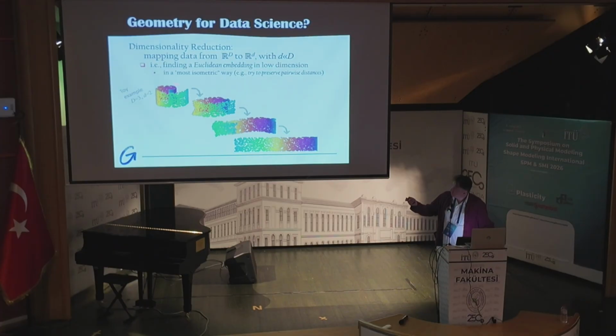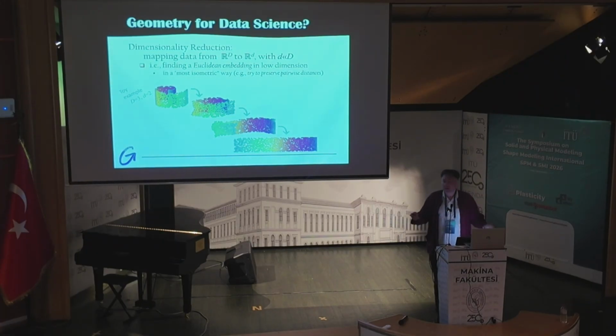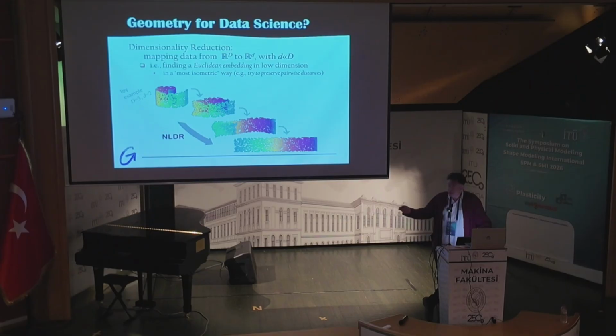So if you see this little piece of rolled cheese or whatever you want to call it, a little ribbon, you want to unfold it into 2D without changing the distances between pairs of points inside the ribbon, right? So you really do an unfolding like this. And it turns out that people call this nonlinear dimensionality reduction because, of course, you know of other ways of doing dimensionality reduction.